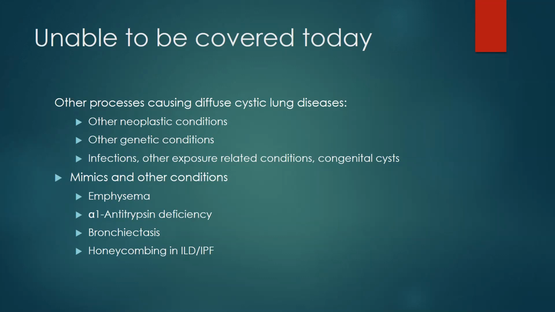And then others, including fire eaters, lung and firefighters, and hyper-IgE syndrome or Job syndrome. Then we won't be able to get into the mimics or similar conditions such as emphysema, alpha-1 antitrypsin deficiency, bronchiectasis, and then honeycombing, also seen in ILD and IPF.